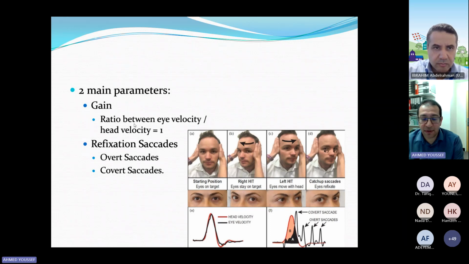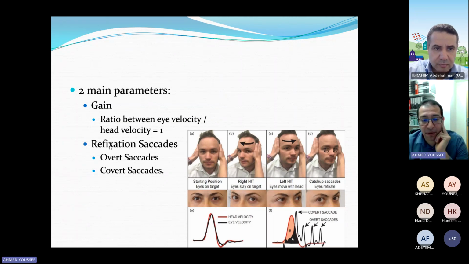So we measure the ratio between the eye velocity and compare it to the head velocity. Ideally, it should be 1, because the distance and speed of the head to the right should be equal to the distance and speed that the eye did to the opposite side to maintain the image or the target on the back of the retina.